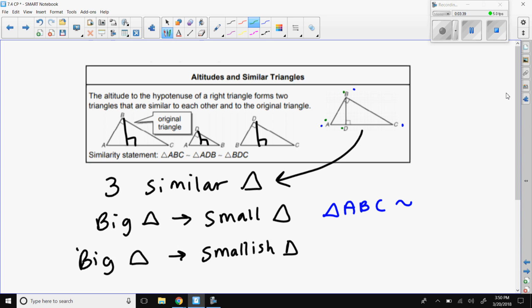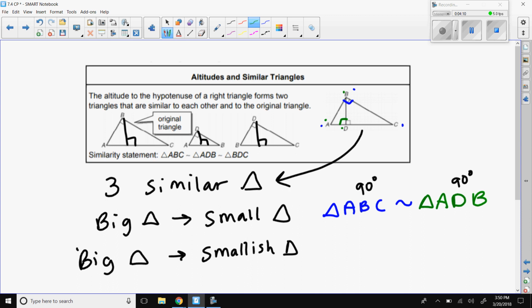Now I need to match up my angles. They share angle A. Angle B in my big triangle is a right angle, 90 degrees, so I need to find one that's 90 degrees in the smaller one, which looks like D, and then I'll have B last. So I have this similarity.